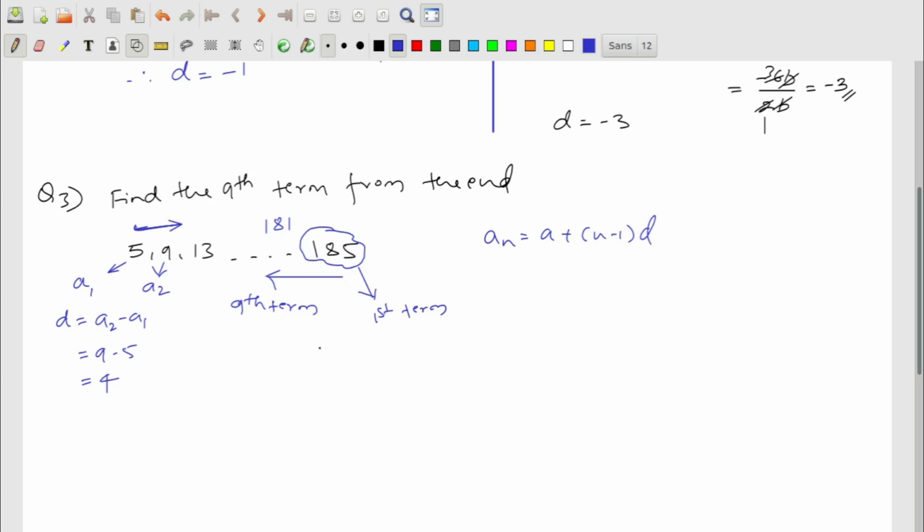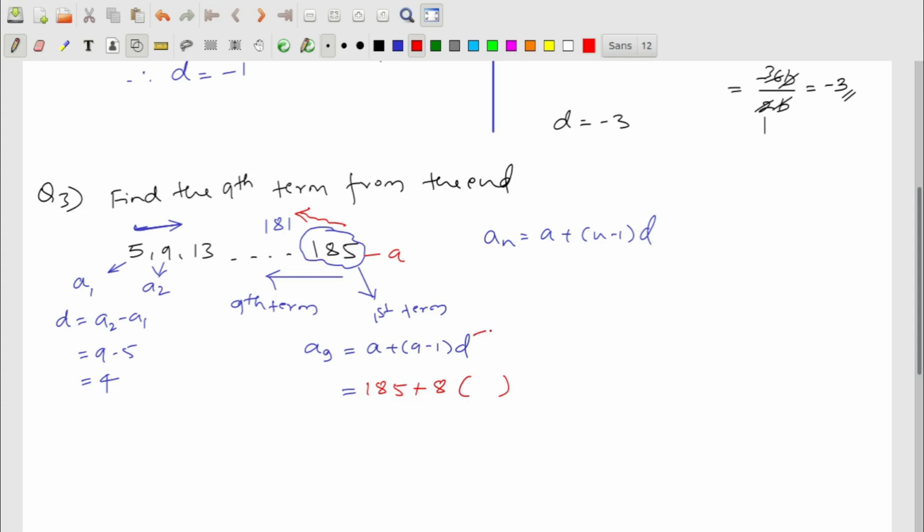If you apply this an formula, we need a9. And what is a9? a plus (9 minus 1) into d, right? So you need to consider this AP from here. 185 will be your first term as per the given question. So take 185 as the first term plus (9 minus 1), 8, into d, right?